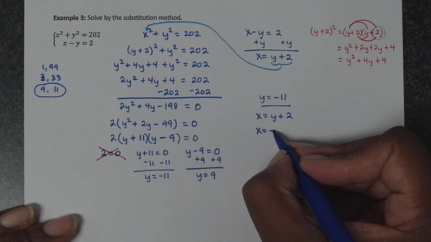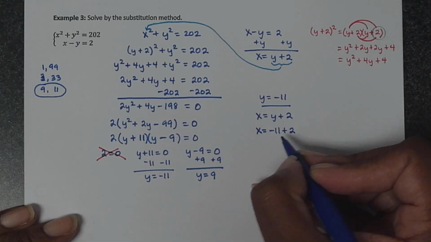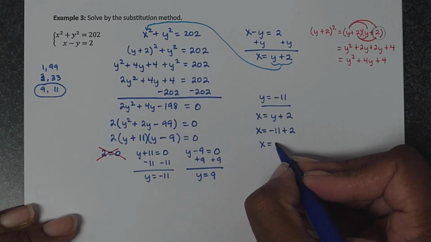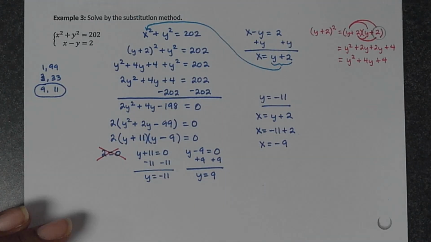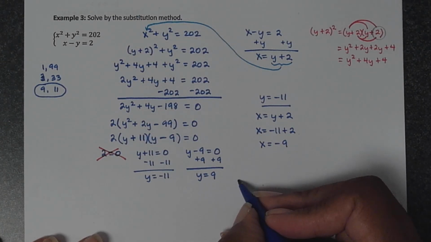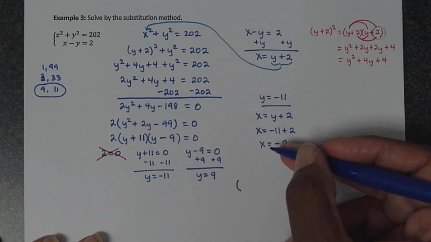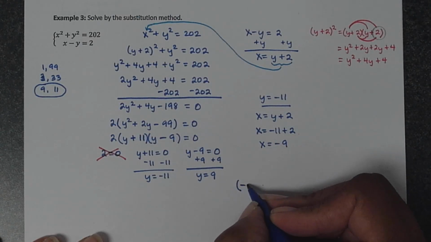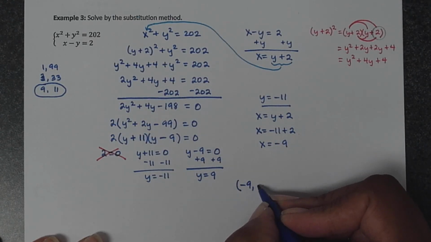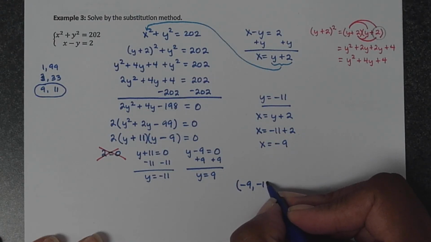Substitute the y with -11, so -11 plus 2 gives us an x value of -9. So one of my ordered pairs, and I have to put x first and then y, is -9, -11, I'm sorry.